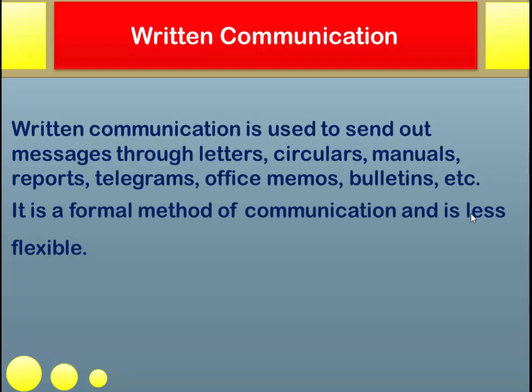Formal means when we talk about official things, like one business house wants to send a message or letter to some other business house, or one office wants to send some messages to other offices. These are called formal. And it's less flexible, which means we cannot alter or modify once the message is sent. That's why it's less flexible.